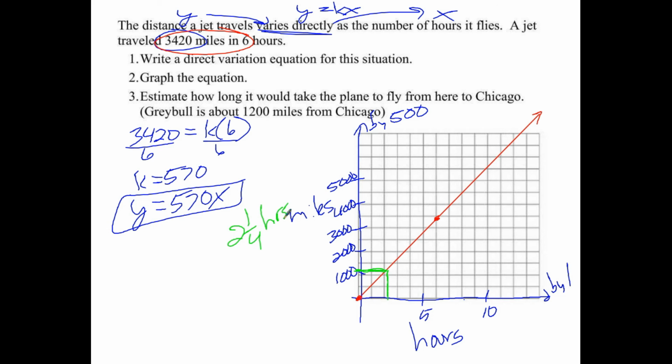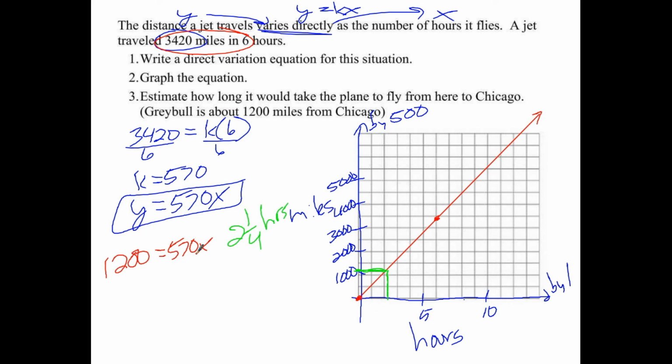Now we can also use the equation, and if we use the equation, all of us should come up with the same answer. Okay? 1,200 miles goes where in the equation? It goes into y. So 1,200 for y equals 570x.